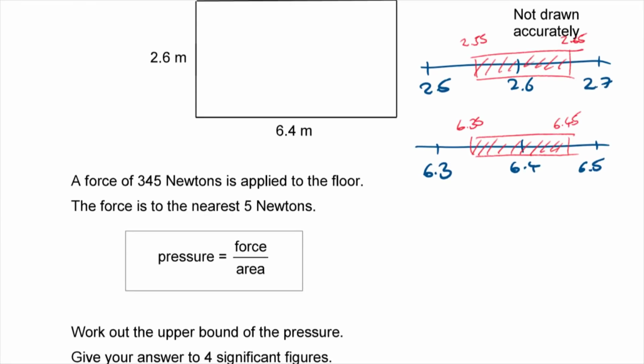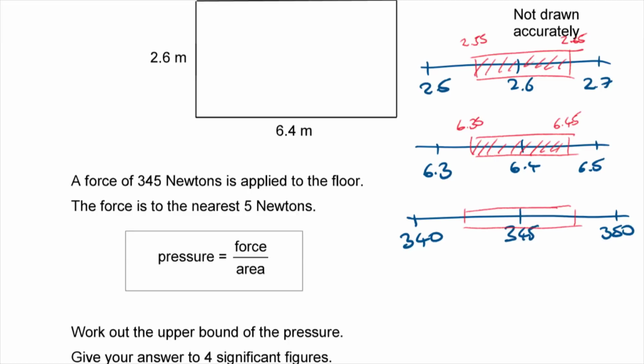So then we're told a force of 345 newtons is applied to the floor, and that force is given to the nearest 5 units. So again, drawing 3, 4, 5. 5 units above it would be 350. 5 units below it would be 340. And the ones that would round to 345 are the ones that are going to be halfway between those values.